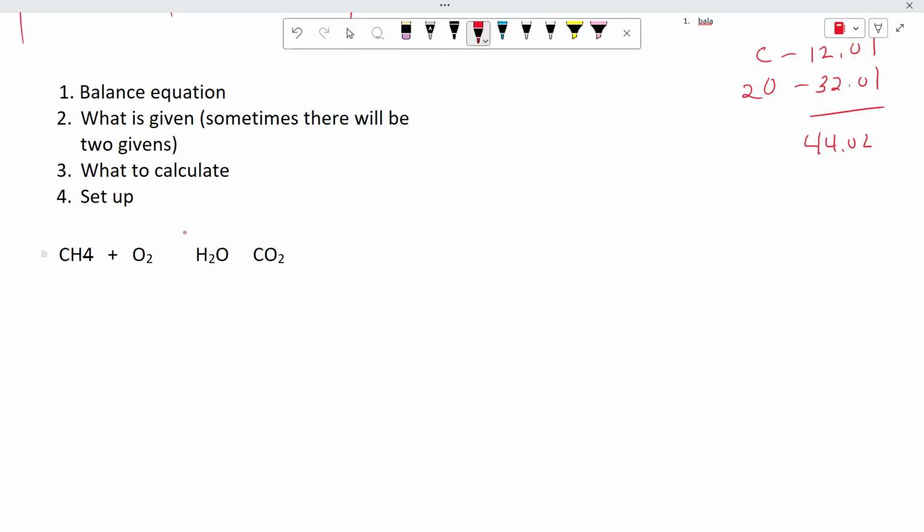Okay, so we've got methane burning in oxygen gas.